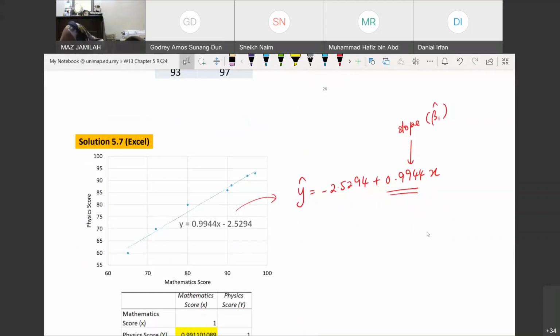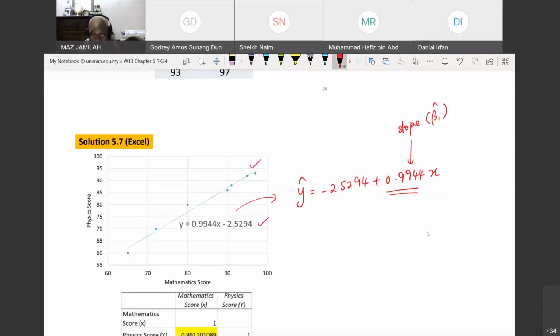If you look at your textbook, page 100, you can see the clear and specific method on how to use manual calculation and manual drawing to find your equation and your line.